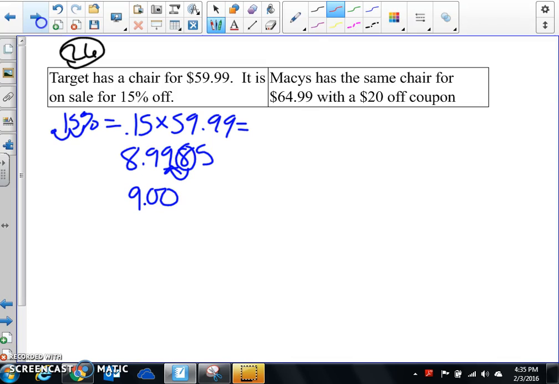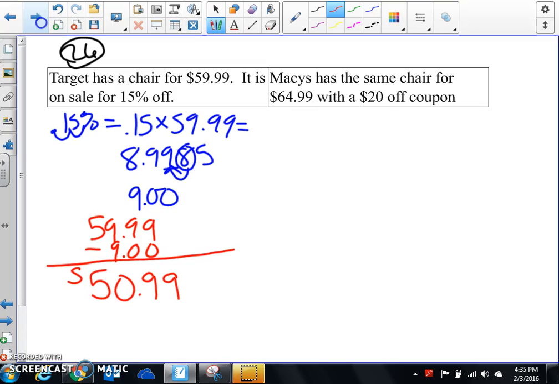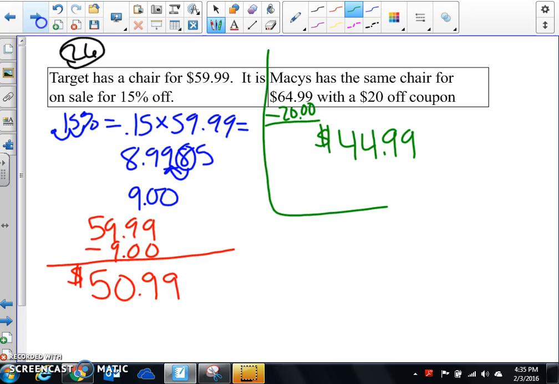So for the total, I would take $59.99 and subtract $9. So over here, the chair is going to cost me $50.99. At Macy's, they just straight up give you a $20 coupon. So I just have to subtract $20. So over here, I get $44.99. So the better buy is at Macy's.